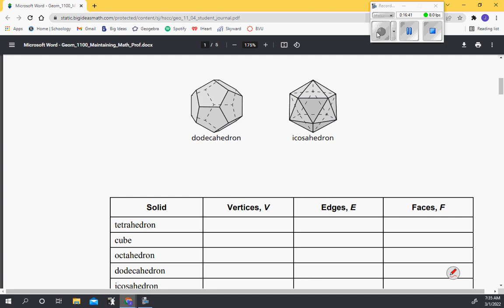If we count the number of faces on this one, 1, 2, 3 on the back, 4, 5, 6 down here, 7, 8 on the very back, 9, 10, 11, and 12. There are 12 faces in the dodecahedron.